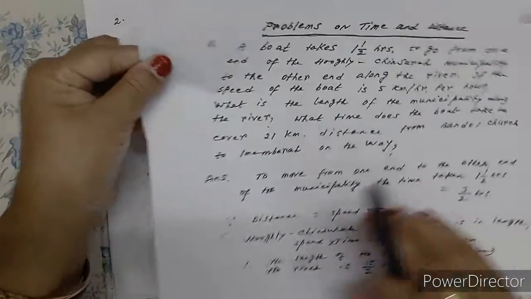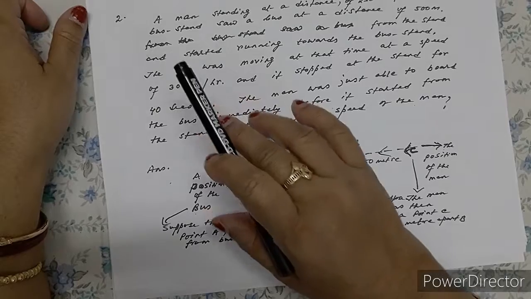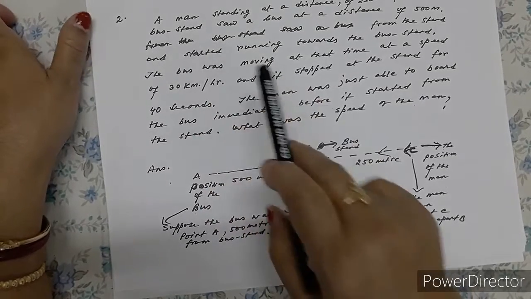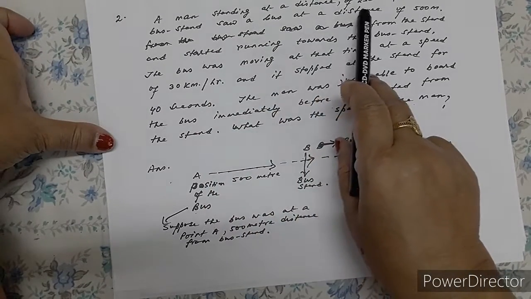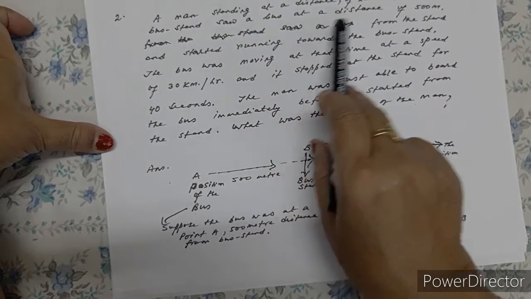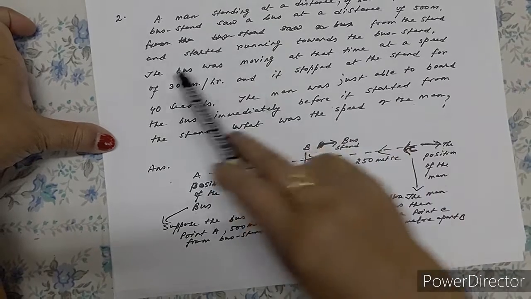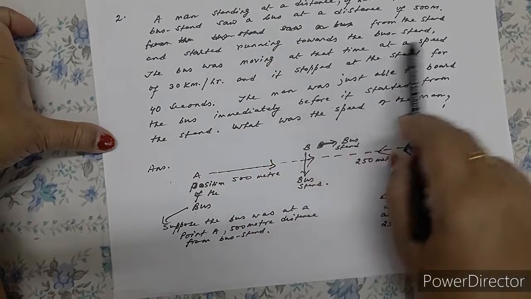Now come to problem 2. A man standing at a distance of 250 meters from the bus stand saw a bus at a distance of 500 meters from the stand and started running towards the bus stand.